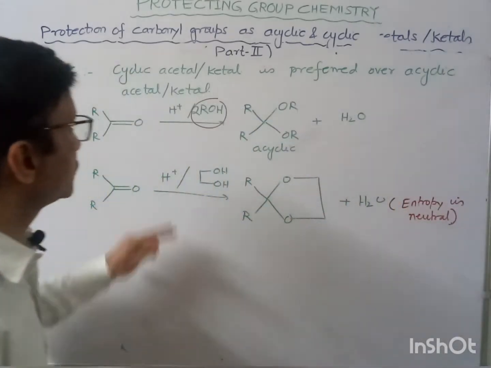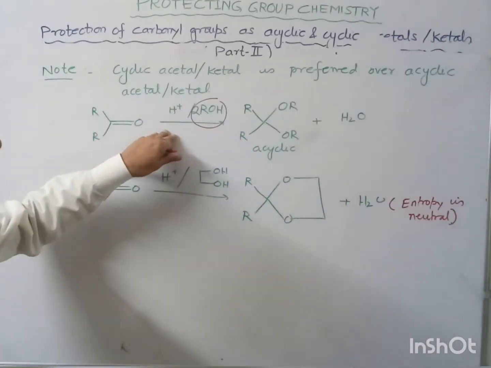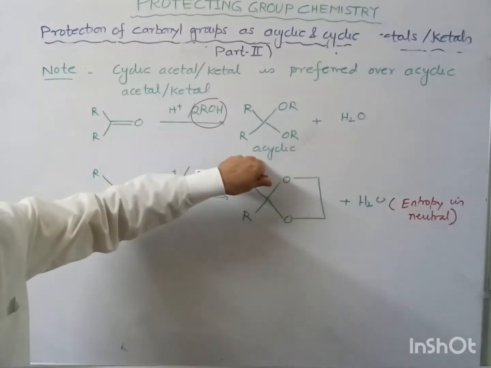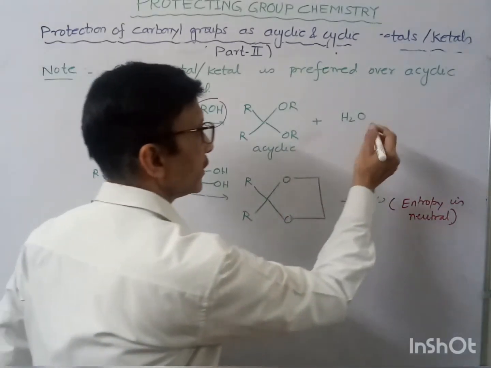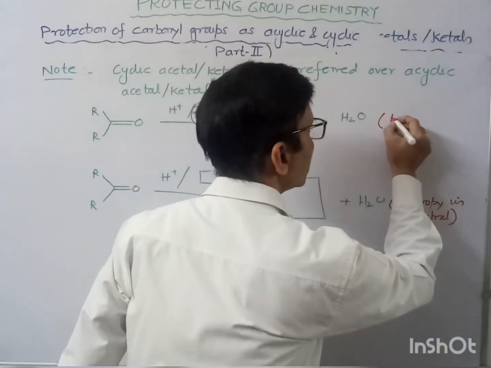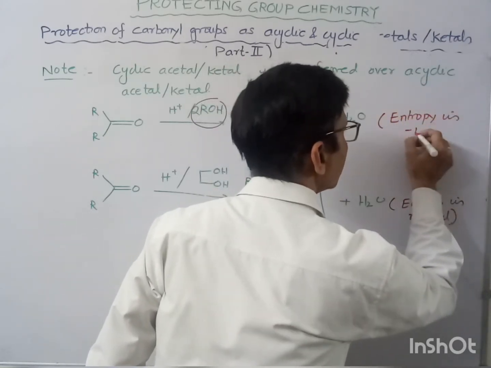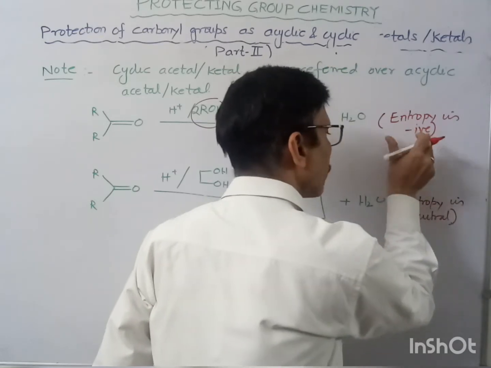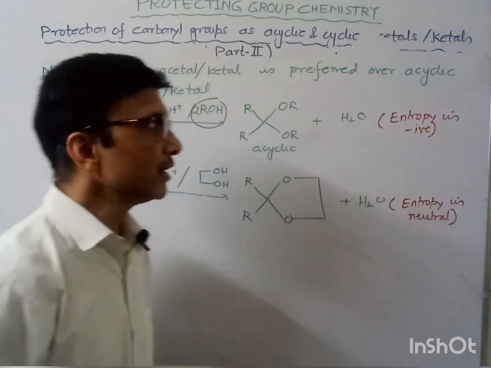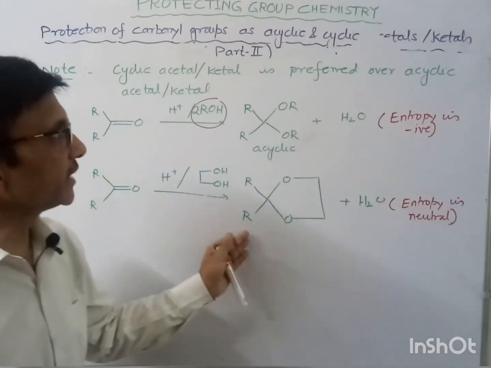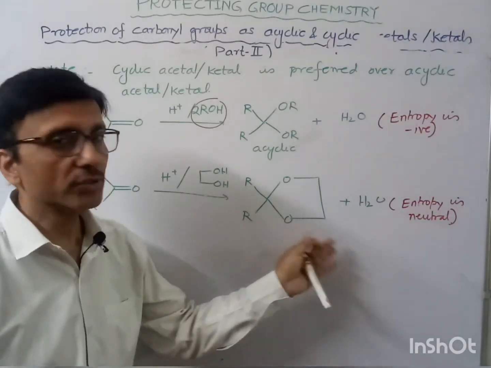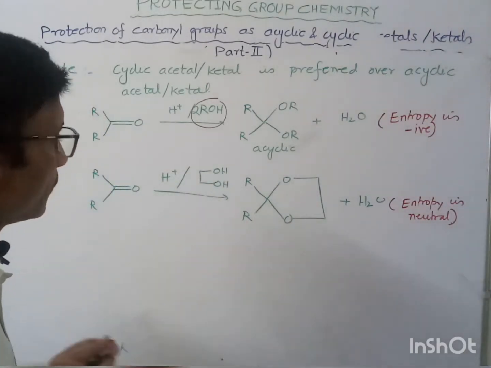But in the acyclic case, in the reactants there are 3 molecules and in the products there are 2 molecules. So here entropy is negative, or we can say entropy is less here and more there. So the formation of cyclic acetals and ketals is preferred due to the entropy advantage.